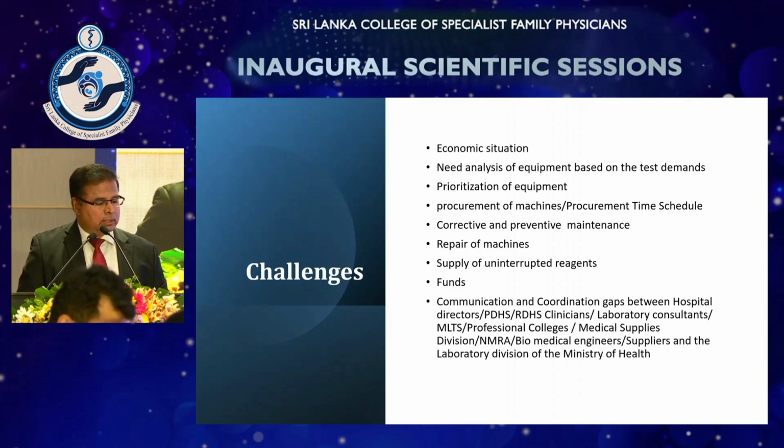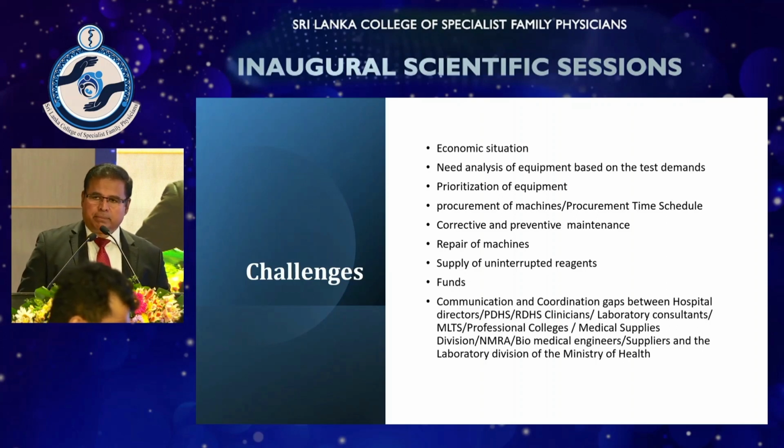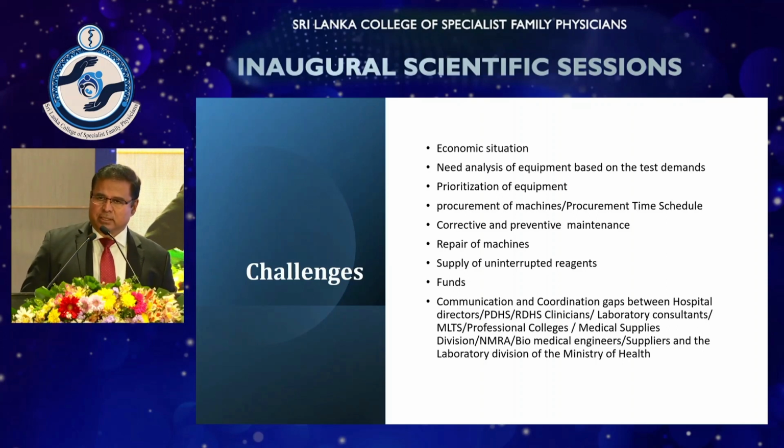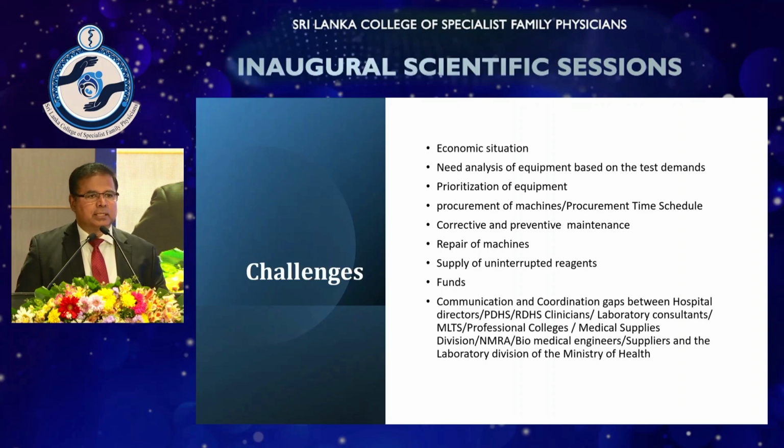And also, you have machines, you have people, you have everything, laboratory structure, everything is there. But if you don't get the reagents, then all will come to a halt. Therefore, supply of uninterrupted reagents is very important. All the machines are basically closed systems, so you have to purchase the reagents locally. The relevant directors have to purchase locally.